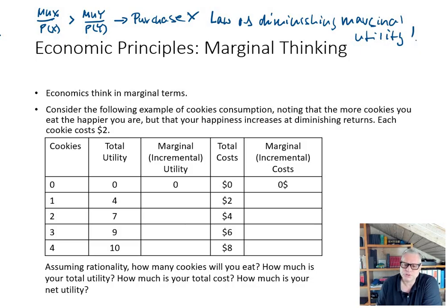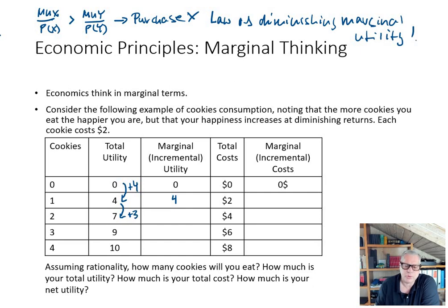So now what matters is the marginal utility, or the incremental utility in this case. If you can increase cookies consumption from 0 to 1, then your total utility goes up by 4. So the marginal utility of the first cookie is 4. Then if you have a second cookie, the extra utility that you get from the first to the second is another plus 3.